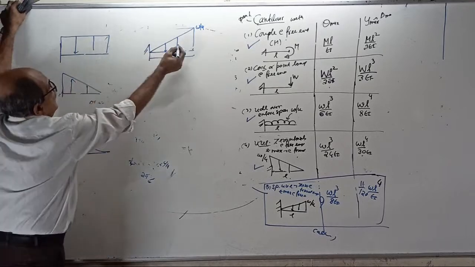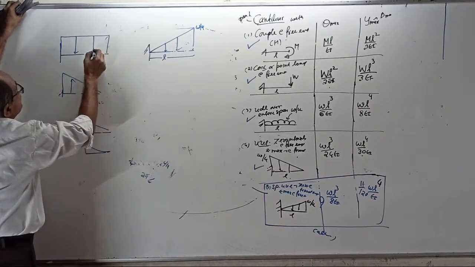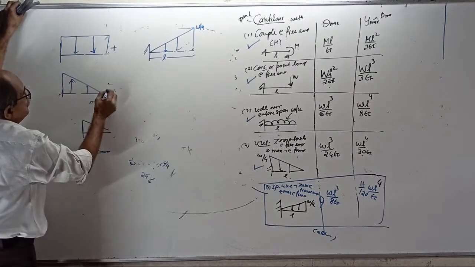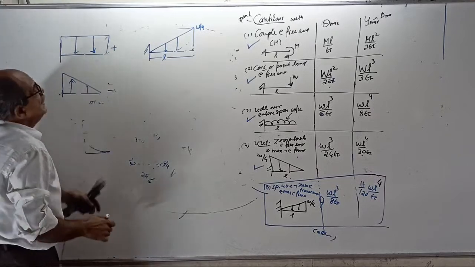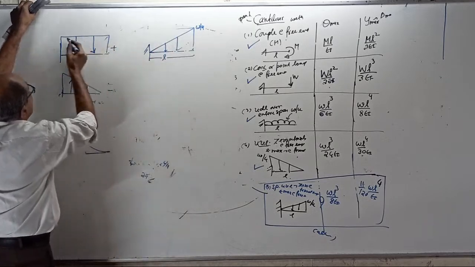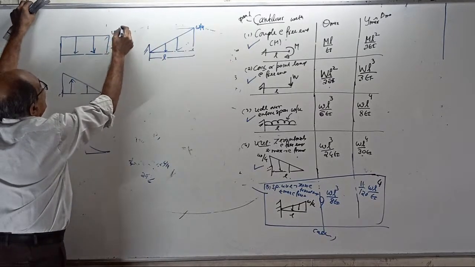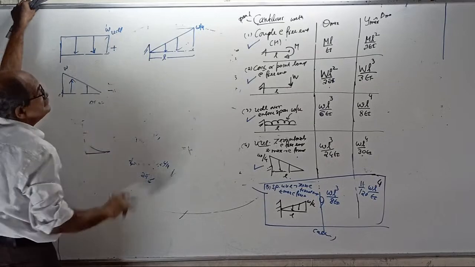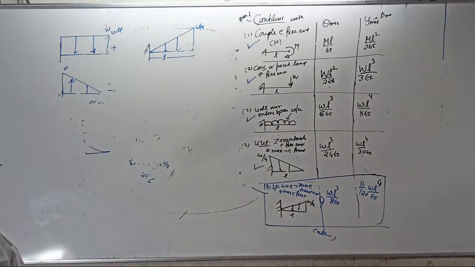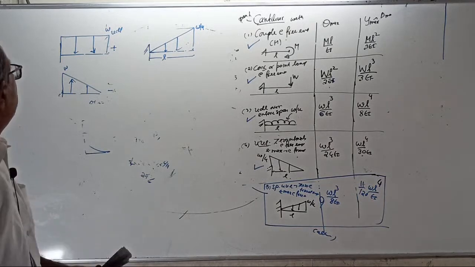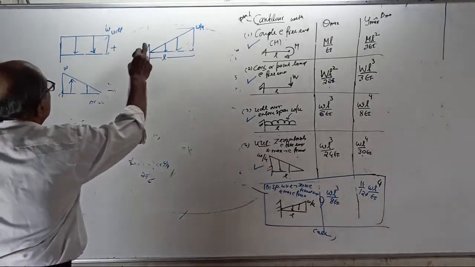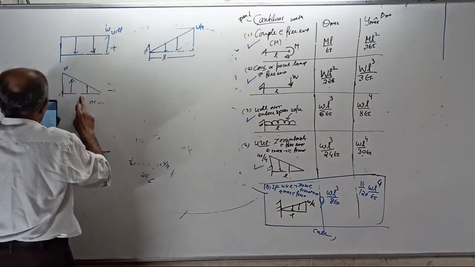This is downward minus this; see, this is positive, so you should take negative here. If that special cantilever comes, you take a rectangle, meaning UDL W here. You replace it by the full rectangle and subtract that triangle. This load equals this load minus this load.